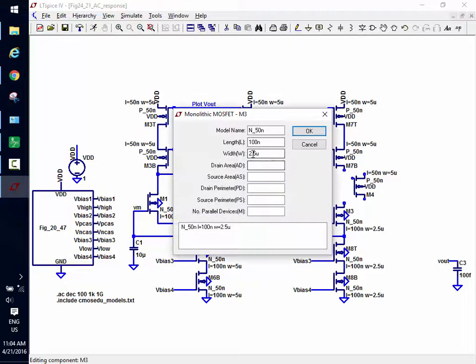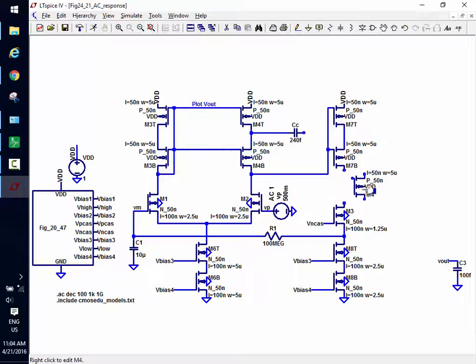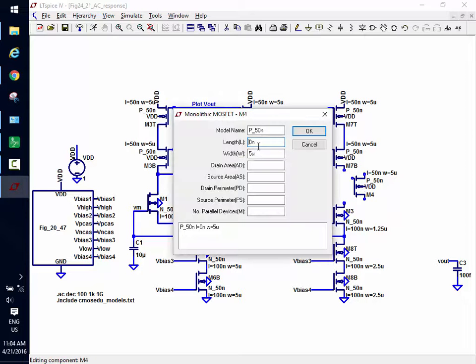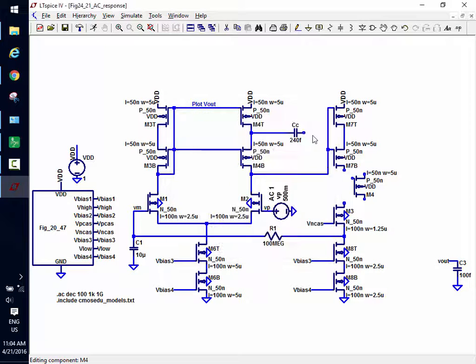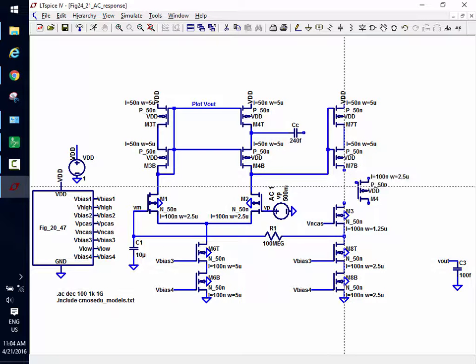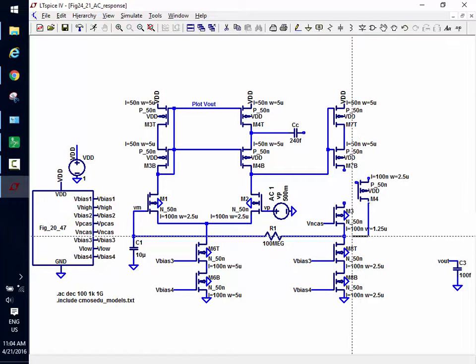Why don't we do it this way? And then this one is 100 and 2.5. And then let's go with a little bit of movage, because clean schematics are nice. And let's do a little bit of copying, except I need to change the label. What do I change the label to?